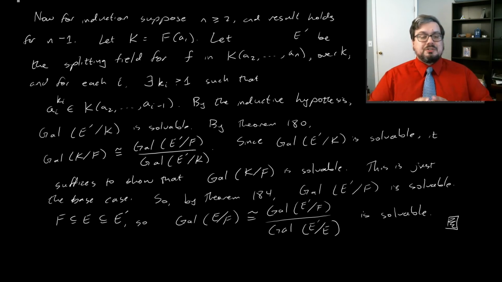So this proves the result that if I have a polynomial which is solvable by radicals, basically whose roots are expressible as algebraic expressions involving elements of the base field, addition, subtraction, multiplication, division, and roots, then the Galois group of the splitting field of that polynomial will be solvable.